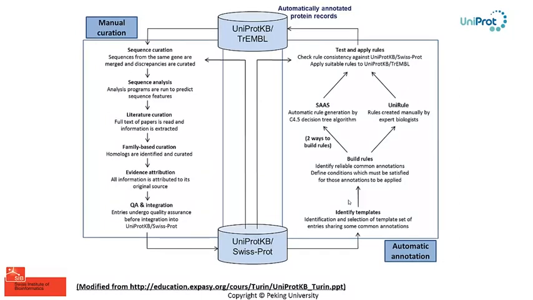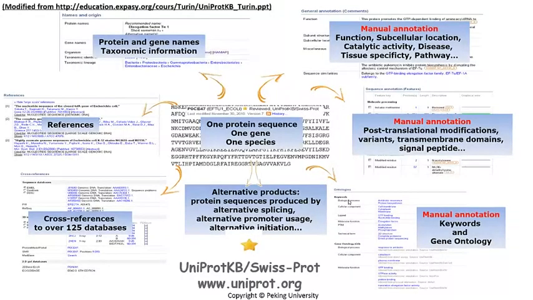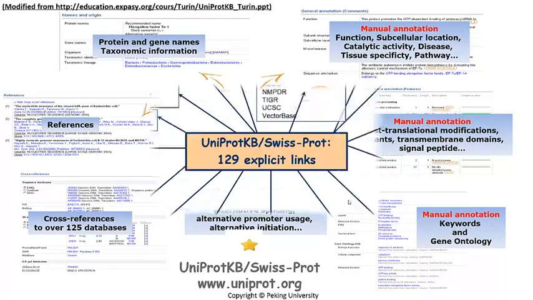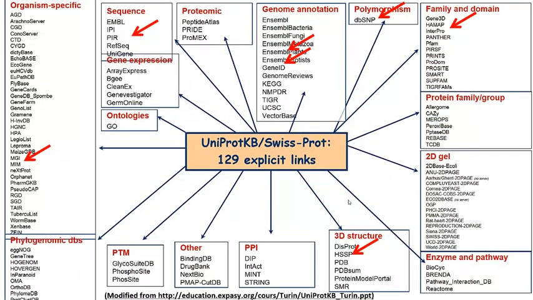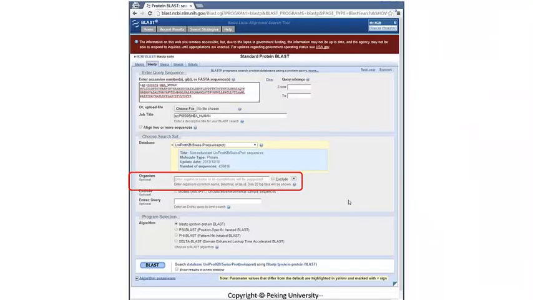Each sequence record contains a description of this protein, including its sequence, function, modification, and structure, whatever available, plus a list of hyperlinks to other related databases. Therefore, to annotate a new query sequence, we often start from searching the SwissProt database.